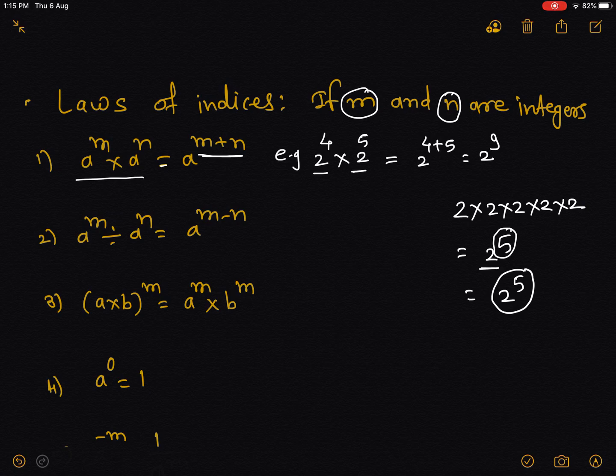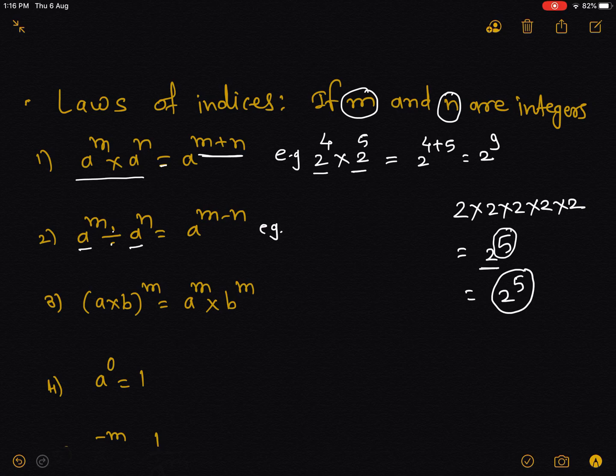Then see the second law, a raised to m divided by a raised to n. Here again the base is the same, the indices are different, and there is division. Then we get a raised to m minus n.